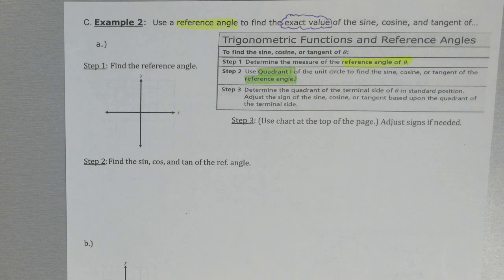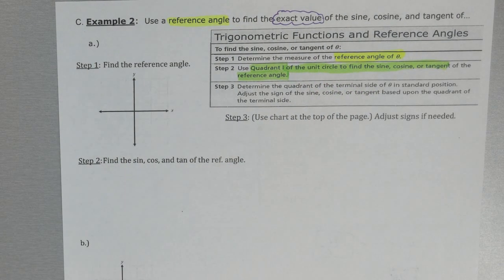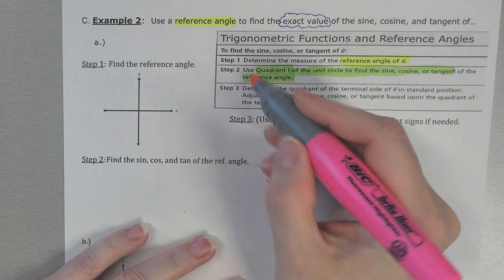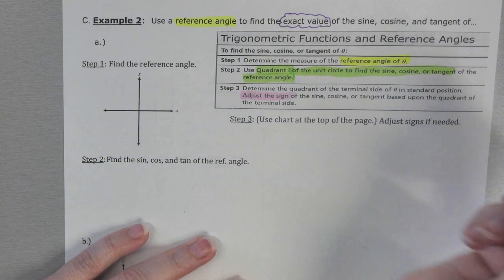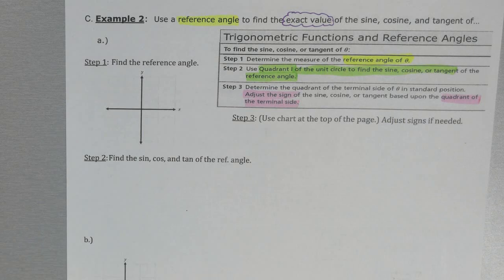And then the last thing that you're going to do is adjust the signs. When you adjust the sign, it's based on the quadrant of your terminal side. The terminal side is just where we end up.